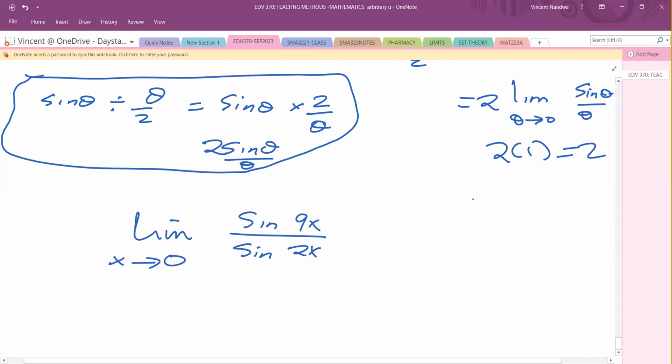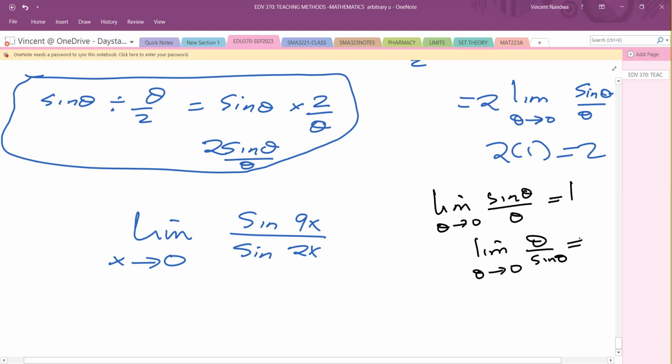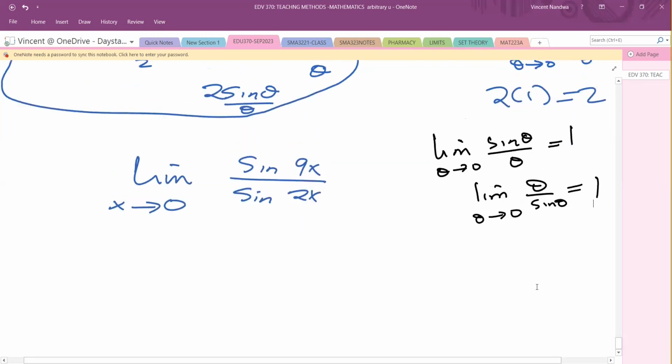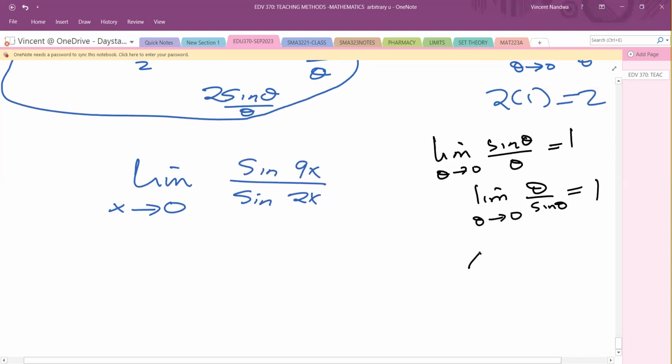We know that the limit of sine theta divided by theta as theta approaches 0 is 1, and the limit as theta approaches 0 of theta over sine theta is also 1, right? So what we will do here is, if someone gives you a fraction a over b, you can write it as a times 1 over b.